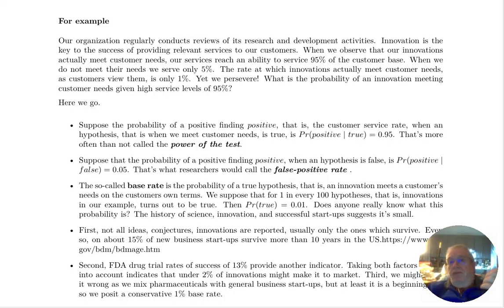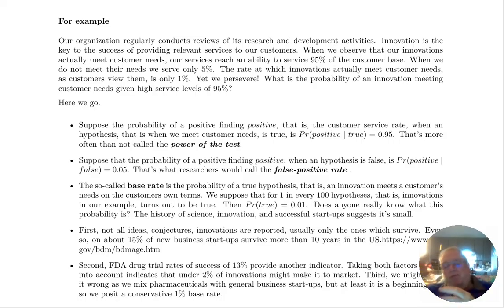Well, that's 72%. 90 by the both-and counting rule, that's 72%. That's not very good. We need 95. When we do not meet their needs, we serve only 5%. So it's 95 and 5. Okay, this is 100% of the customer base. And the rate at which innovations actually meet customer needs is only 1%.